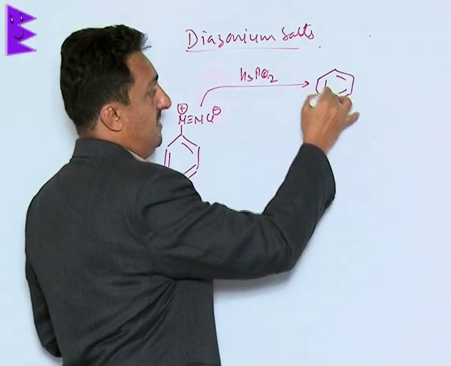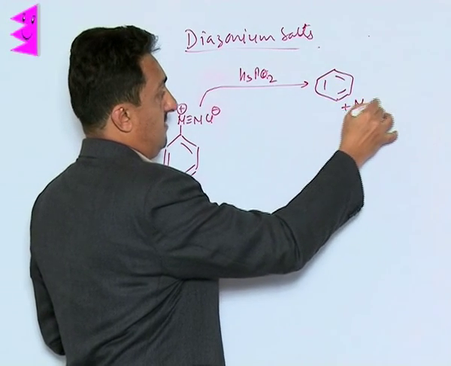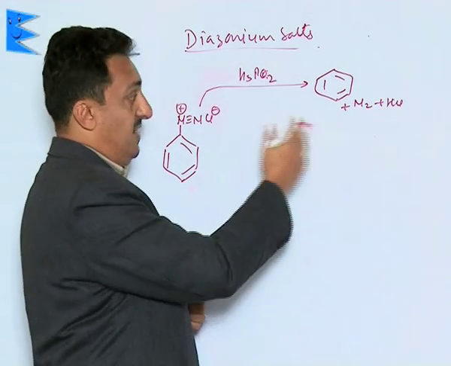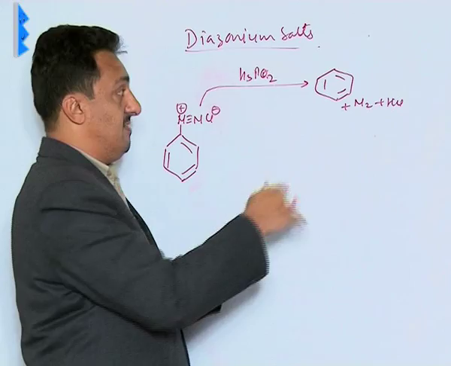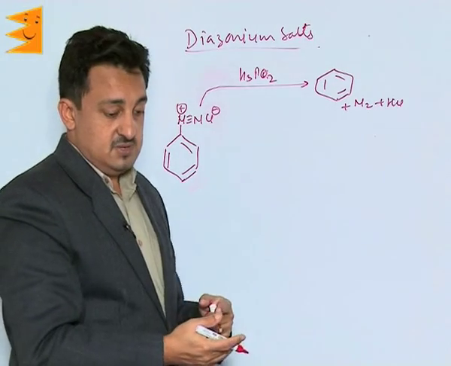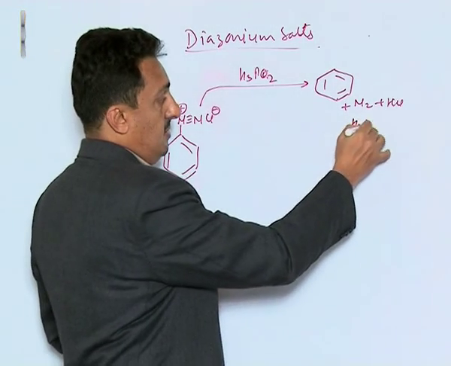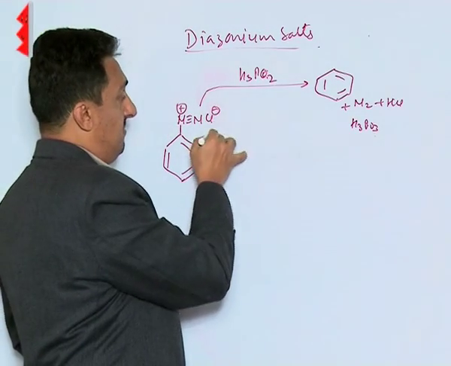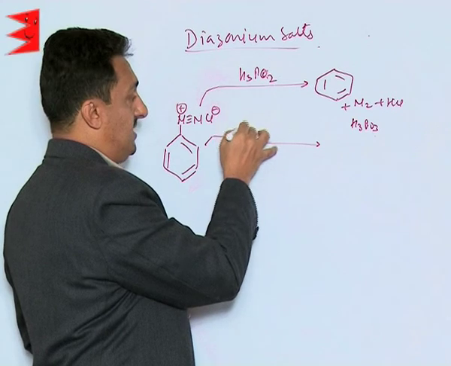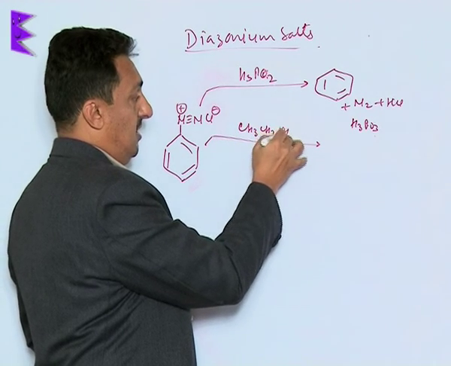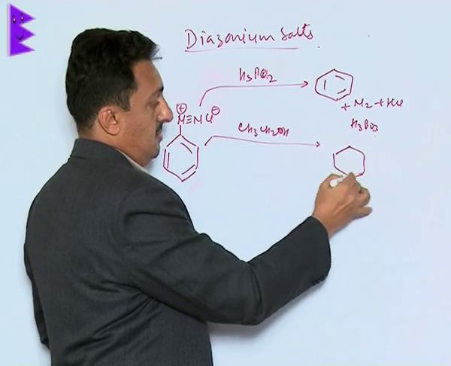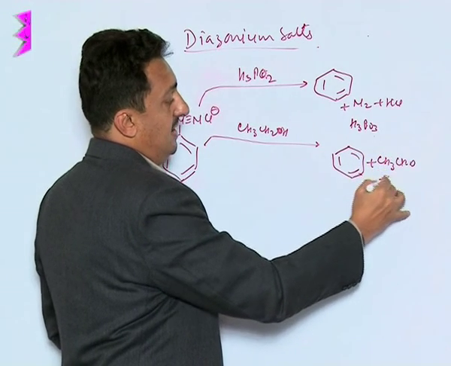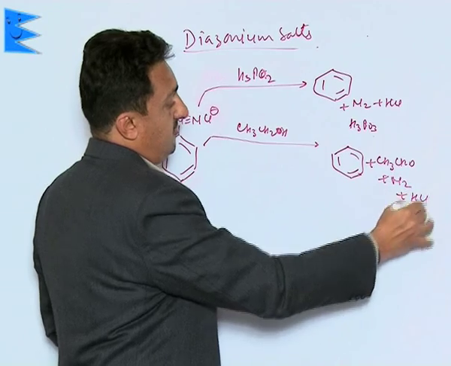It gives us benzene plus nitrogen plus HCl. In fact, this H3PO2 itself gets oxidized to H3PO3. Then the same benzene can also be obtained by reacting it with ethanol. What we get is benzene, aldehyde, nitrogen, and HCl.